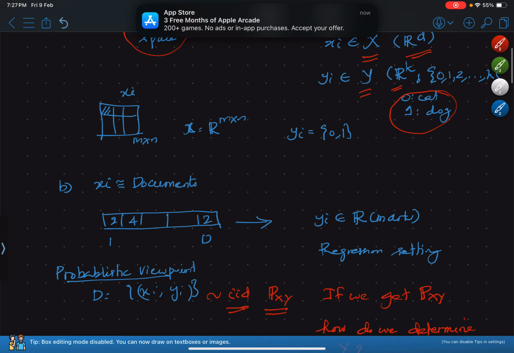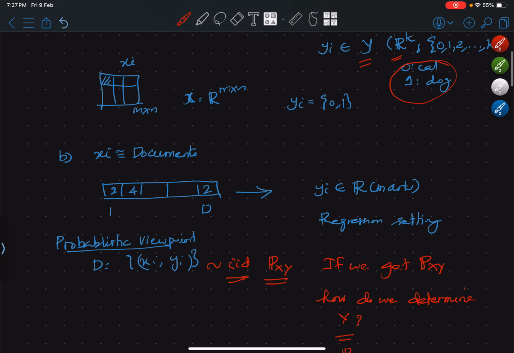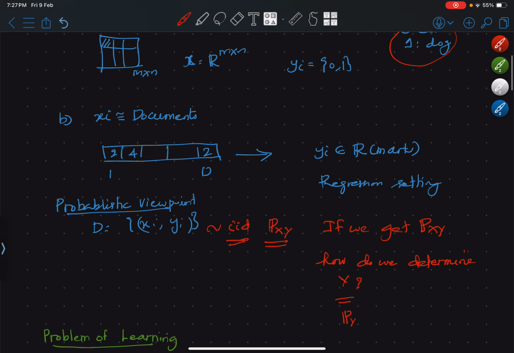Another example is a regression setting. The earlier kind of problem is known as a classification problem, and we can also look at a regression setting of a machine learning problem. For example, we have a bunch of documents, and each document has d dimensions in terms of the words. One of the simplest ways of modeling data is bag of words.